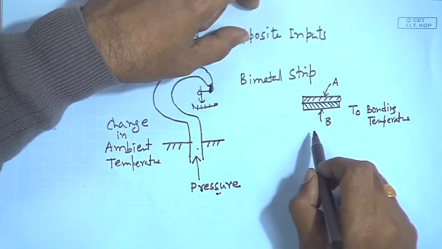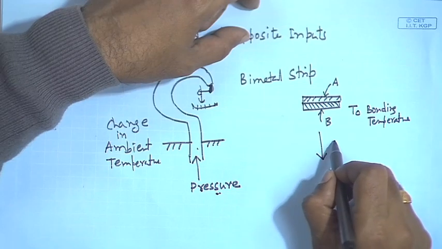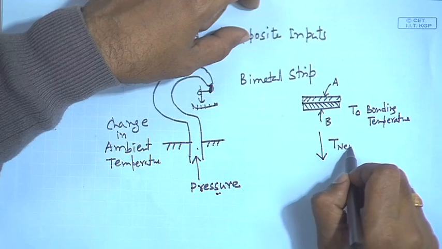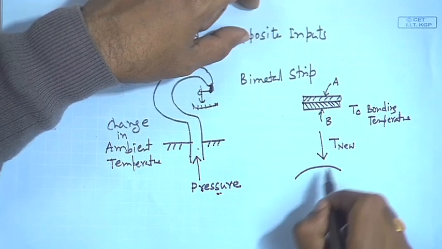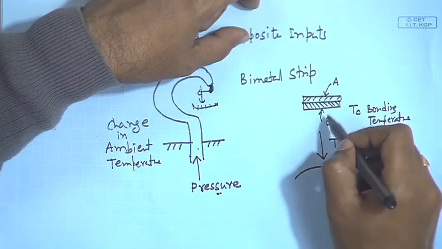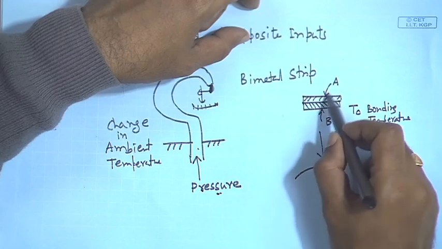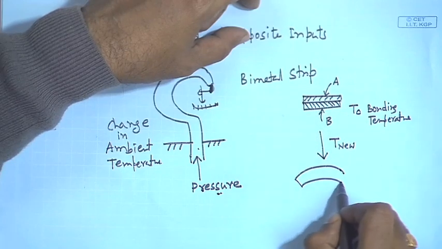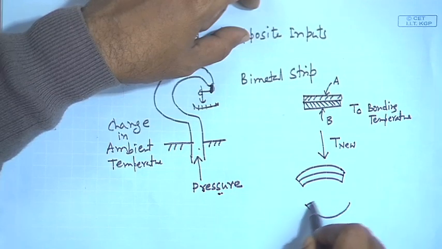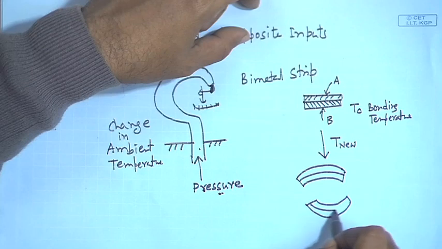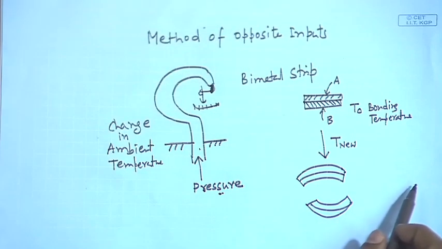Now, if I subject this bimetal strip to a different temperature, say a new temperature, the bimetal strip, since they have different thermal expansion coefficient, can deflect like this or can deflect like this.